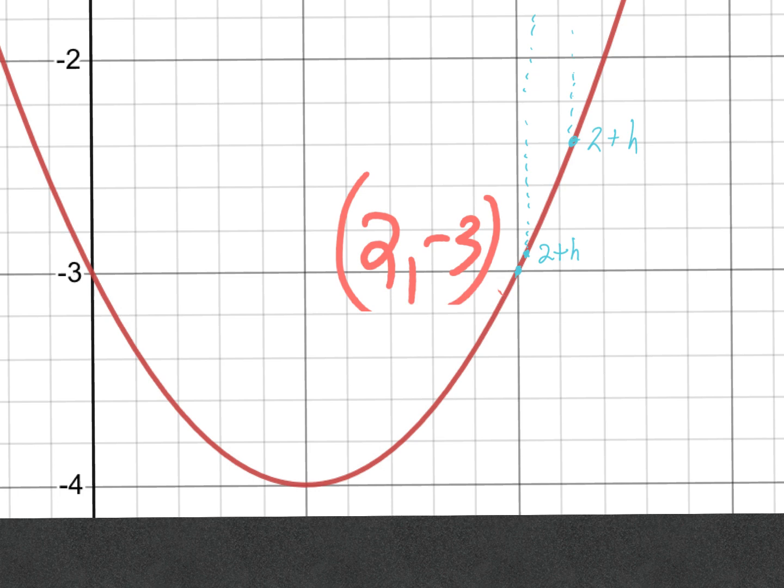Well, what's the y component right there? Well, if the x component is 2 plus h, the y component is f of 2 plus h. It's f of x. Right? Because here, this is f of 2. And that original equation, 2x minus 3.